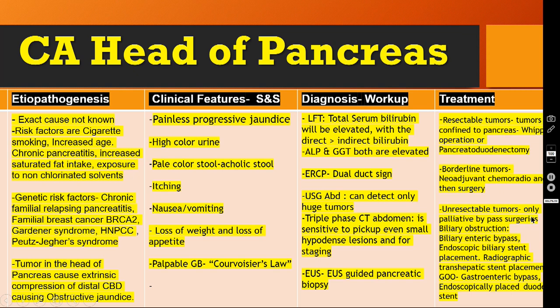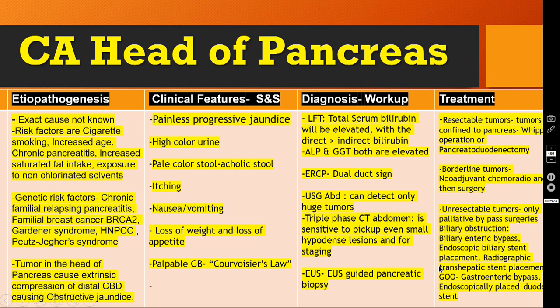If you are doing it with endoscopy nowadays, if it is biliary obstruction, instead of a biliary enteric bypass, that is cholecystojejunostomy, you can put an endoscopic biliary stent placement using an ERCP, or radiographic percutaneous transhepatic stent placement, that is PTC, that also you can use.